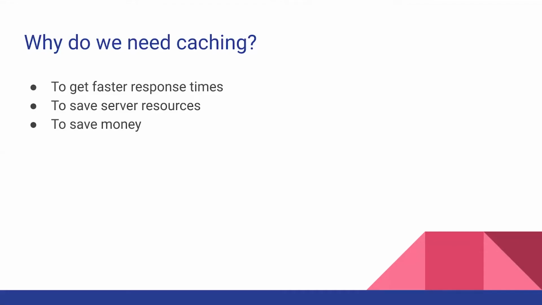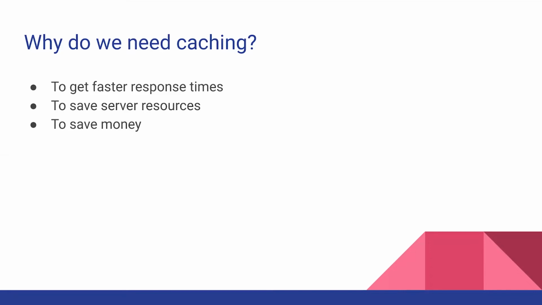So first, just to go quickly over why we need caching. So what is caching basically? Suppose we have some data which takes a huge amount of processing power or time to compute. It is not feasible to do that on every page request that happens.